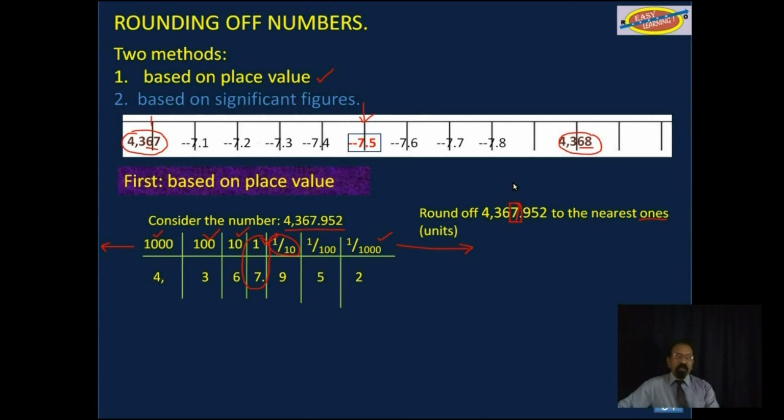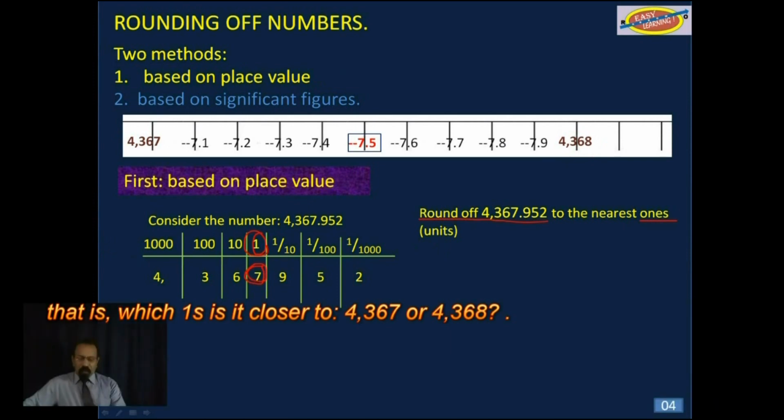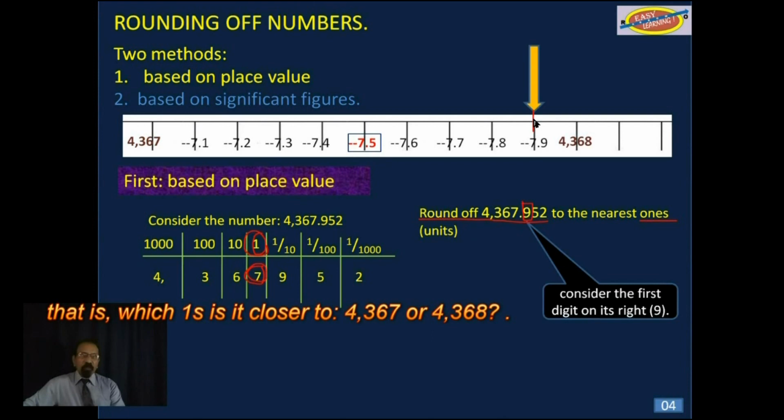Let's see which point this 7 is closer to. So we have to round off this number to the nearest ones. That is in this position. This 7, which one is it closer to? Now we look at the digit immediately to the right, which is 9. And that would place us at this point here.